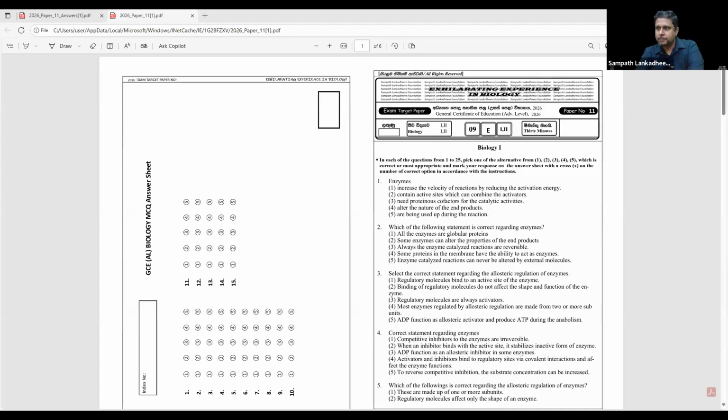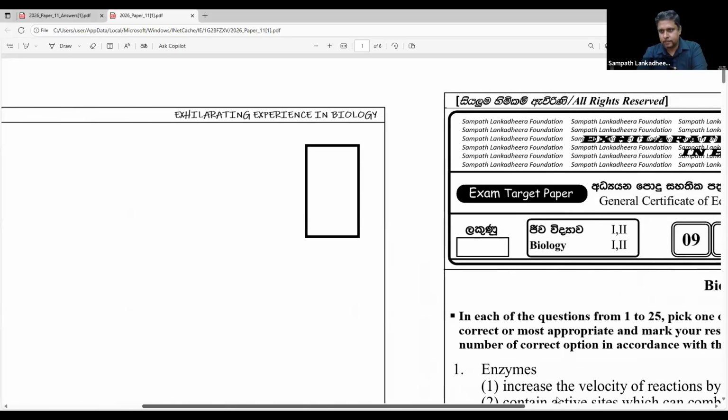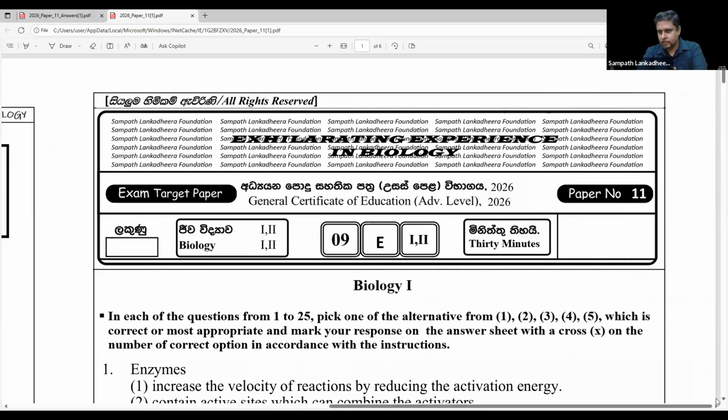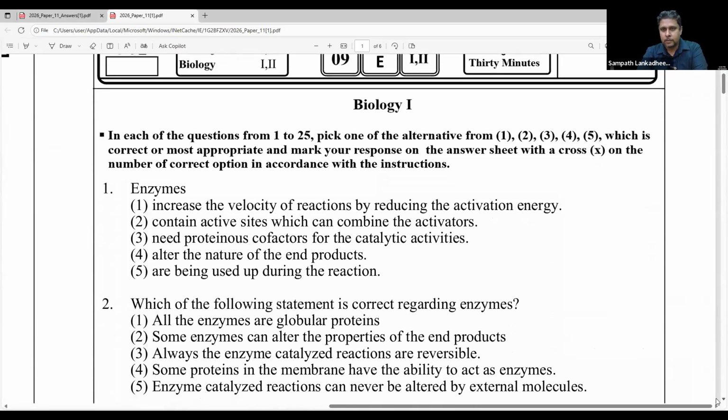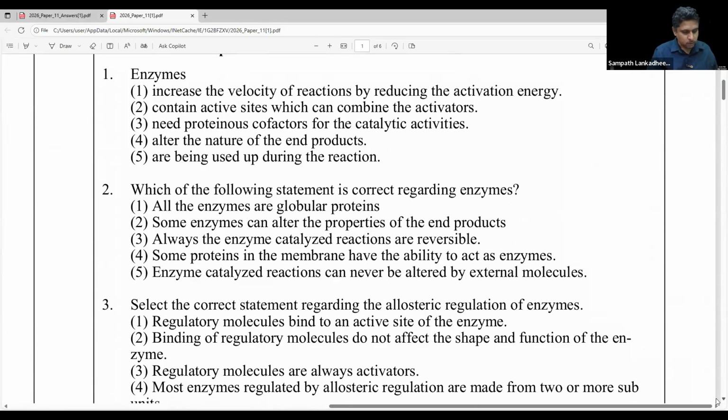We'll start with MCQs, with the first question, question number 1. People, we have arranged questions from 3 sections.